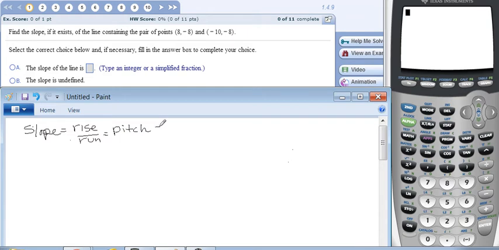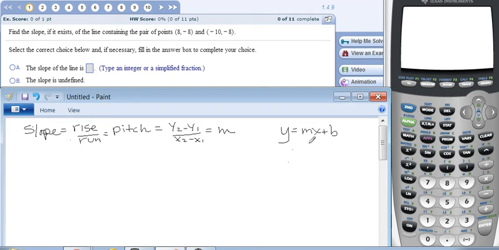We have a formula that says y sub 2 minus y sub 1 over x sub 2 minus x sub 1 will give us the slope. And in the y equals mx plus b formula, we have the slope as m. This is your slope right here, the m part.